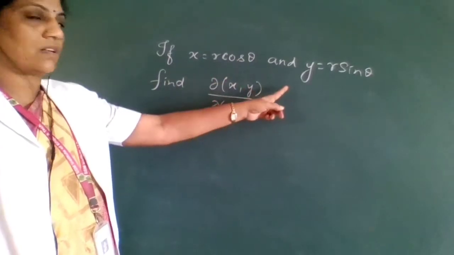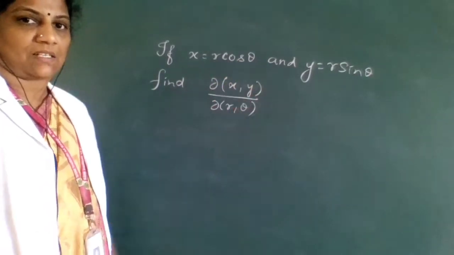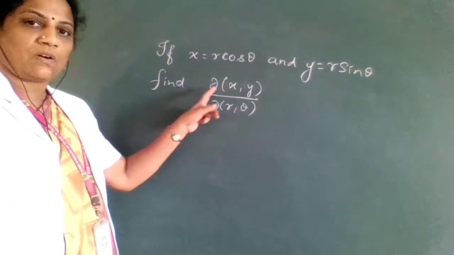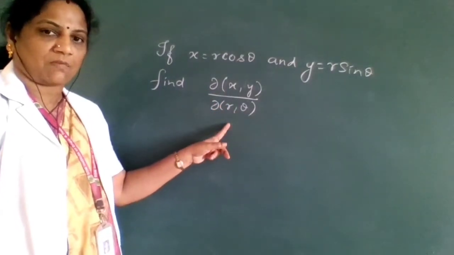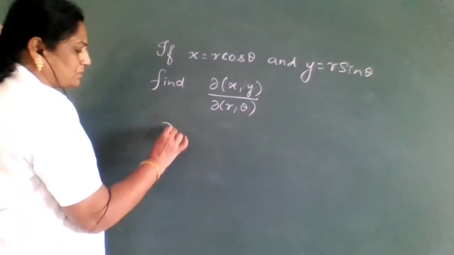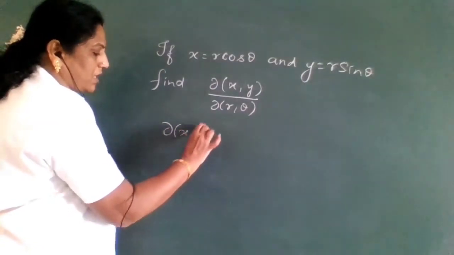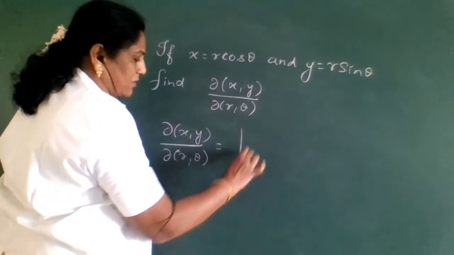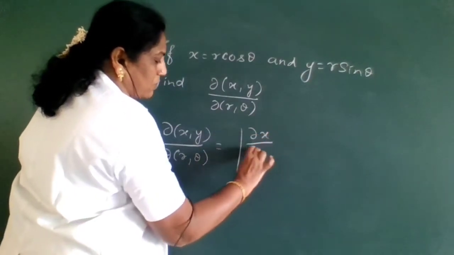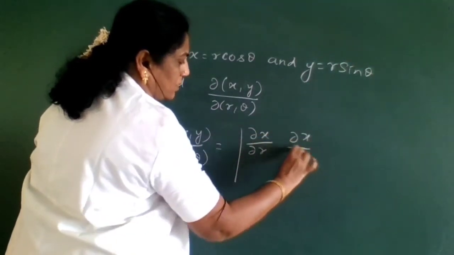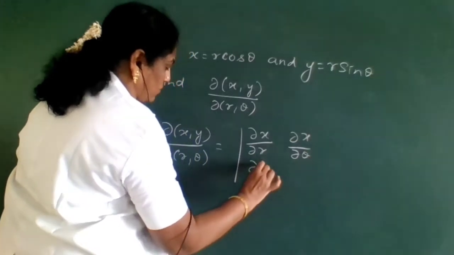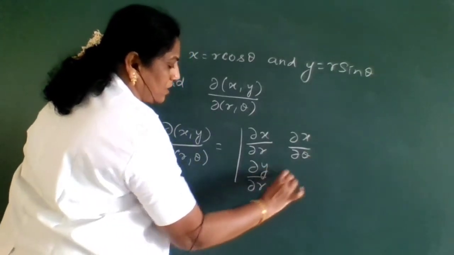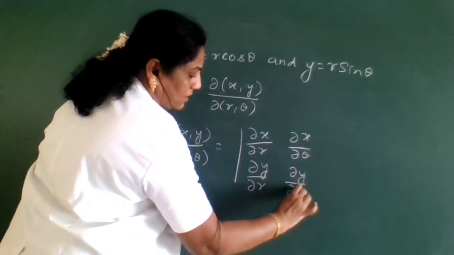Both x and y are functions of r comma theta. So we have to find ∂(x,y)/∂(r,θ), which equals the determinant of ∂x/∂r, ∂x/∂θ, ∂y/∂r, ∂y/∂θ.